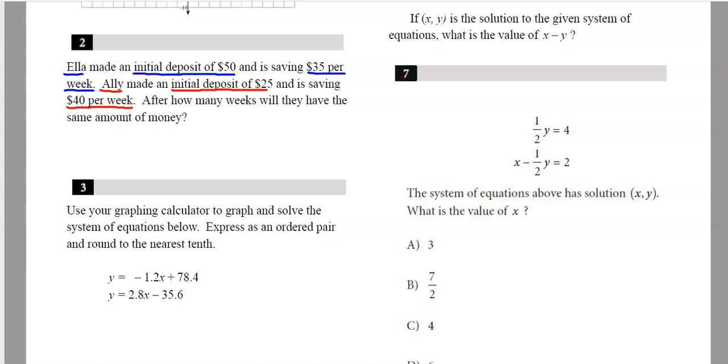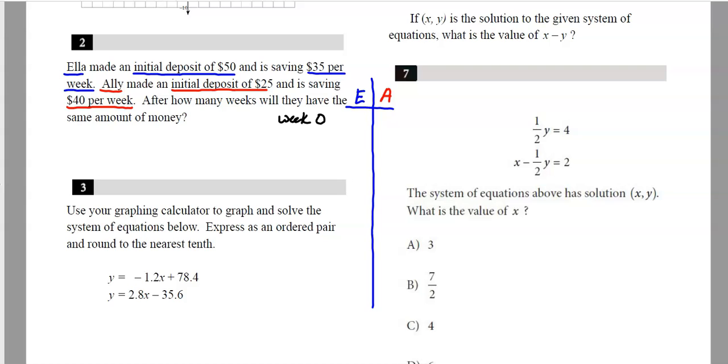So one way might be to make a table. So maybe I make this table, and I got some room over here. I'll do Ella, and then we got Allie. And then we have our time, so we'll start off at week 0.